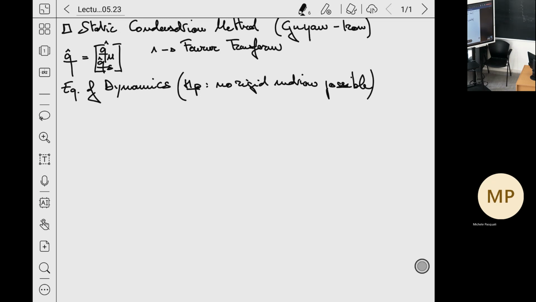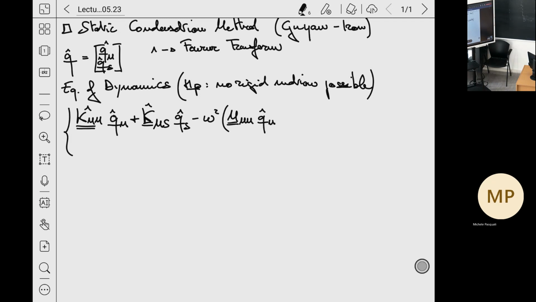The equation of dynamics read as such: we had Kmm applied over Qm plus Kms applied over Qs, and this was equal to F, the vector of the externally applied loads, which were insisting only on master nodes.